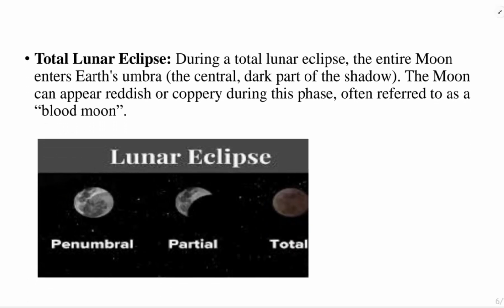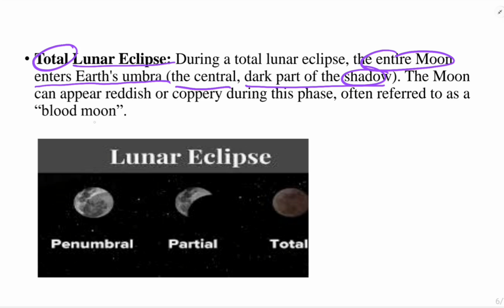First we will see the total lunar eclipse. A total lunar eclipse happens when the earth is positioned between the sun and the moon and casts a shadow on the latter. During this time, the entire moon enters the earth's umbra, meaning the central or the dark part of the shadow, and during this time the moon appears reddish.